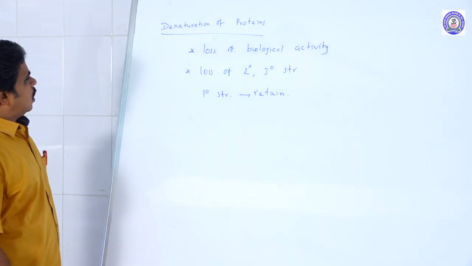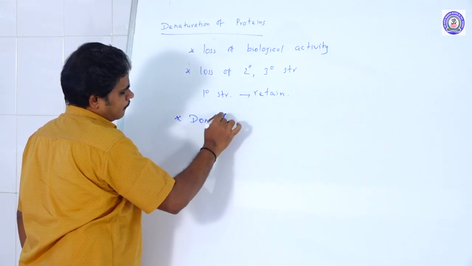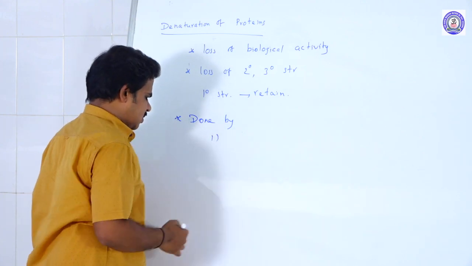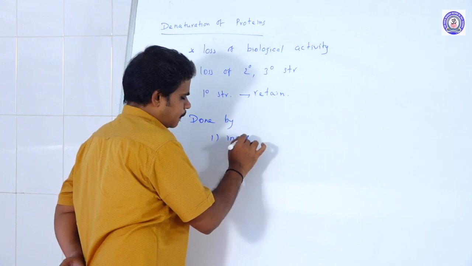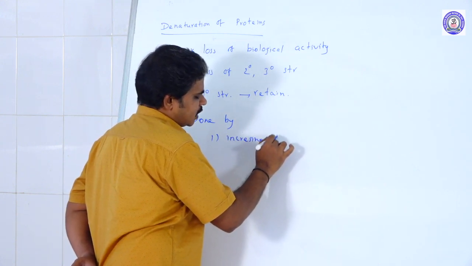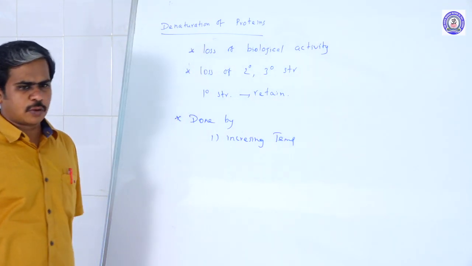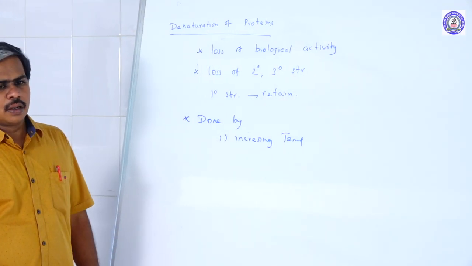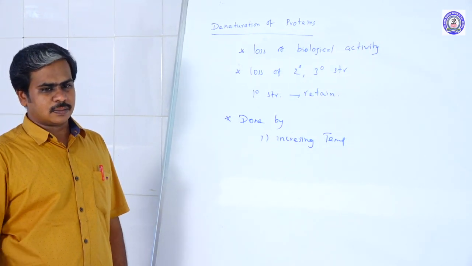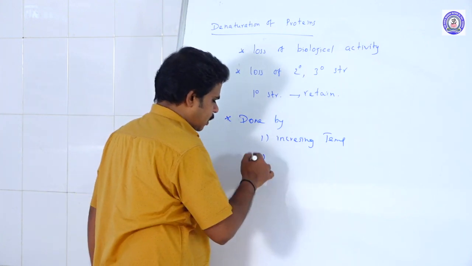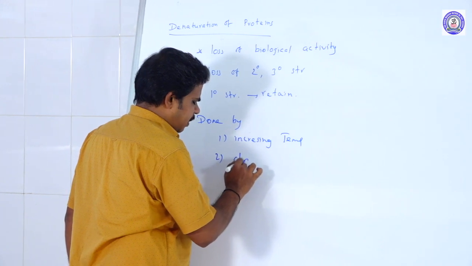So this denaturation is done by, one, increasing the temperature or heating of proteins. For example, egg albumin is converted into a coagulated form. It may also be done by changing the pH.